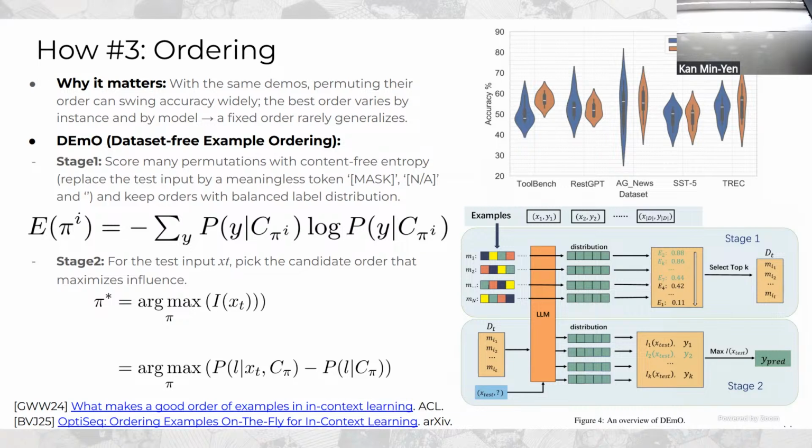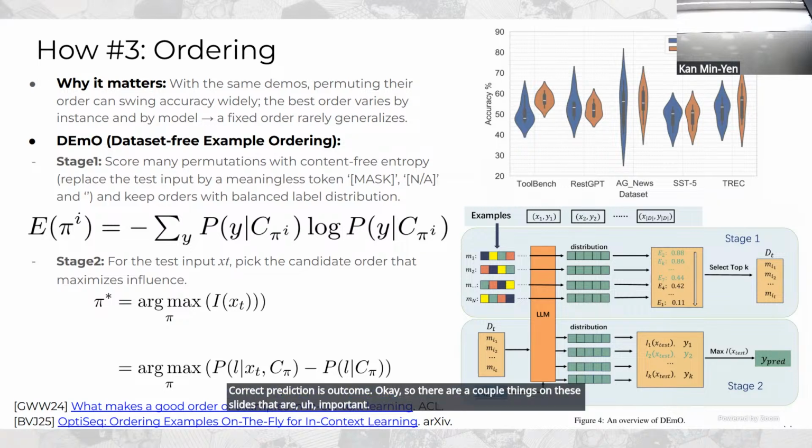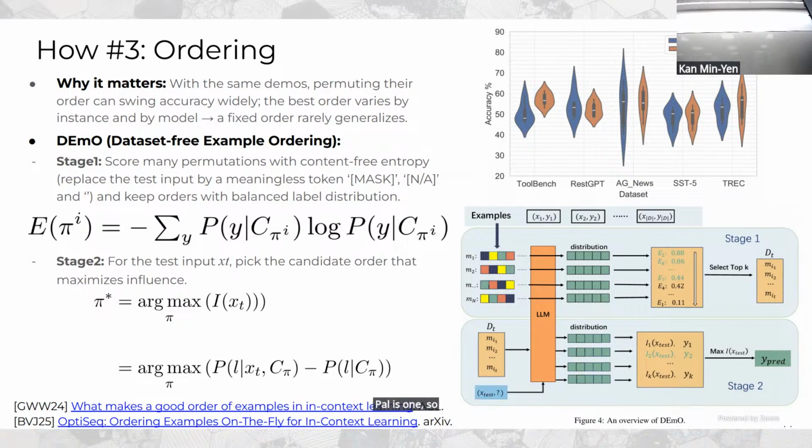Okay, so there are a couple of things on these slides that are important. Zihang also put on the general channel another paper by another student in our group in WING that looks at ordering.